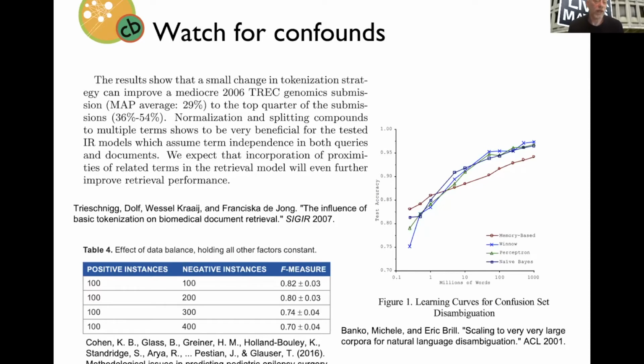So suppose that you're comparing 2 systems and they use different tokenizers. That alone could be the cause of the performance difference between them, or let's say the behavioral difference between them. A relationship between 2 sets of outcomes in an experiment could be due entirely to the amount of training data available. It might not hold at all for a different amount of training data. So keep an eye open for these.